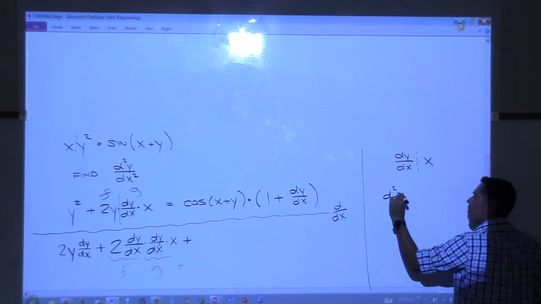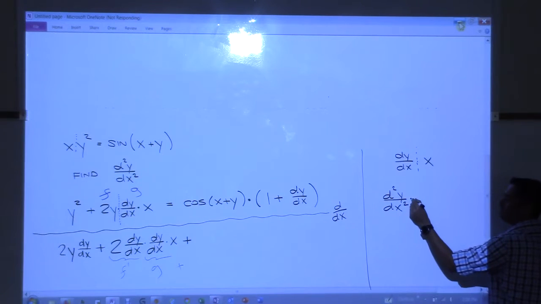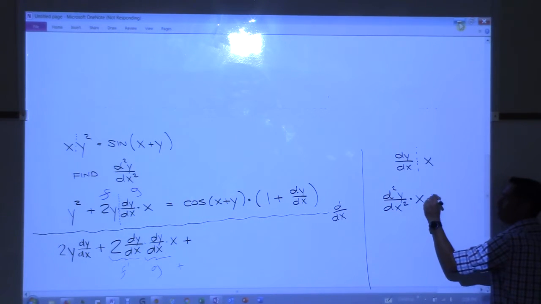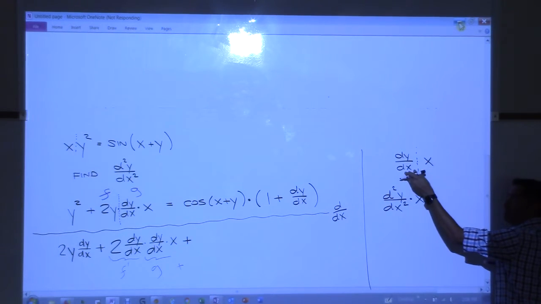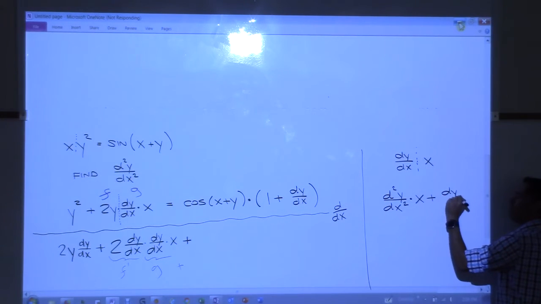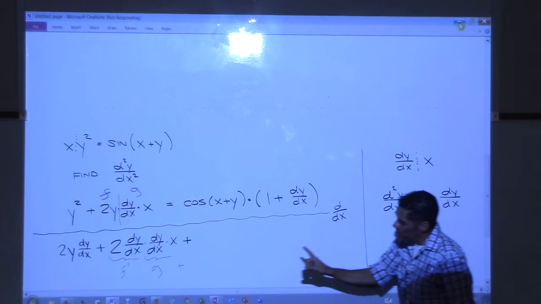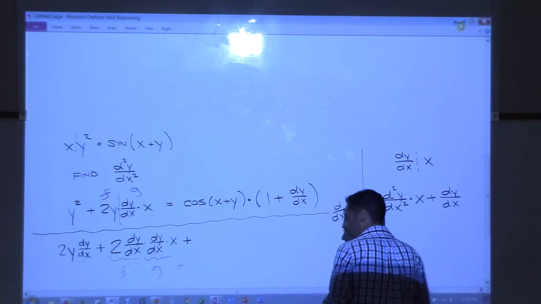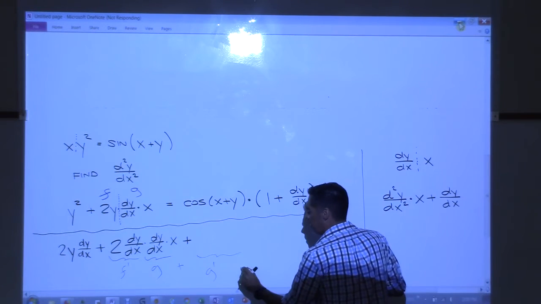The second derivative of y with respect to x, times x, the first one, plus the derivative of x, 1, times that. So just dy dx. That right here is just g prime. And we still have to hit that with f, don't we?